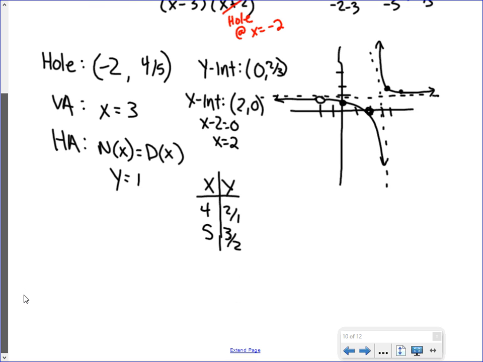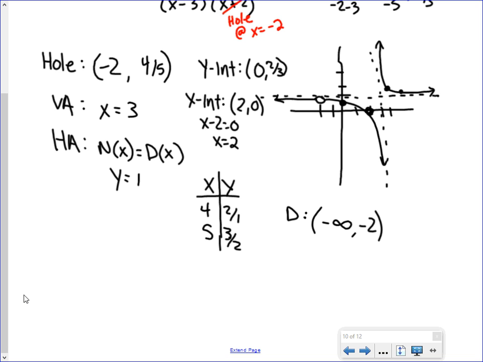If I were doing domain for this function, remember domain is all about what x's work. Where do you actually have a graph? From negative infinity until I get to my hole at negative 2, there is no graph there. So that's not part of my domain. It was one of those things that made my denominator equal 0.